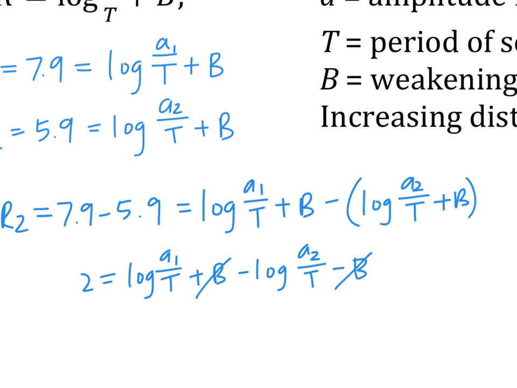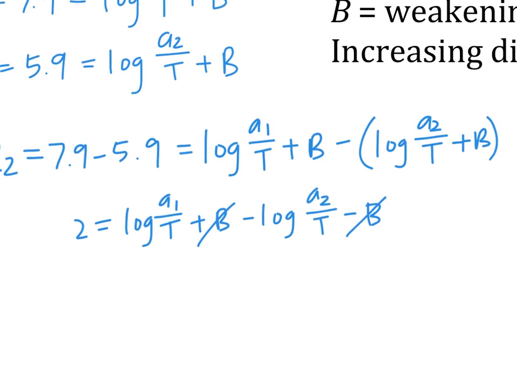What can we do to combine those two logs? Because they're both base 10. Any thoughts? Yeah? A1 over A2. Yes, so we can actually divide the two logs, right?